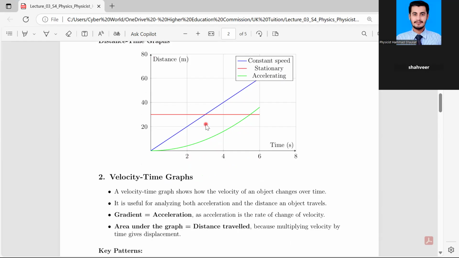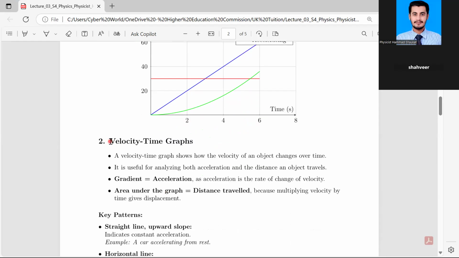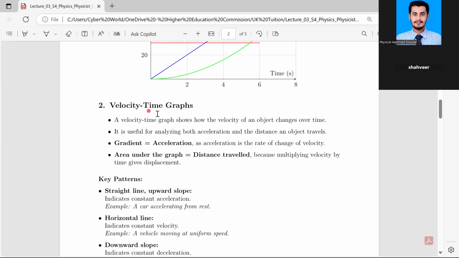Similar things which we discussed in the distance time graph, we have to do in the velocity time graph. Just distance now changes to velocity. Time remains the same on the x-axis. Only on the y-axis, distance is changed to velocity.